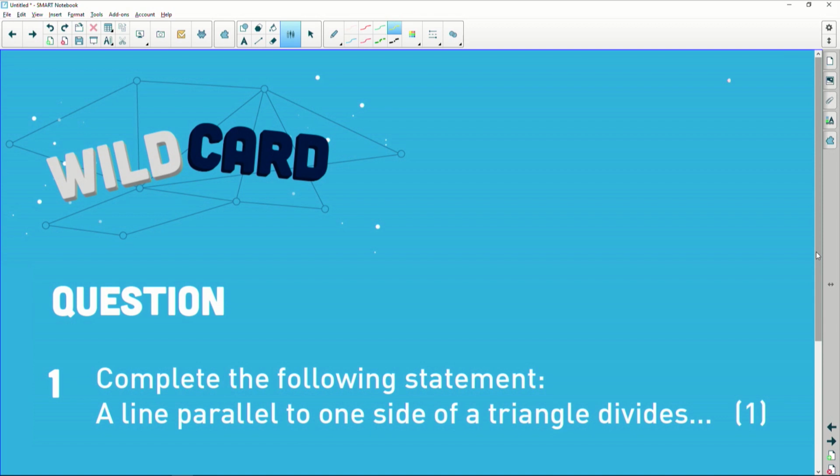This wildcard that we have is a geometry question that comes from the proportionality theorem to be exact. Let's see what it says. It says to us, there is a need to complete a particular statement that is given to us. It is a geometry statement. So grade 12s, it's very important for you to understand that in geometry, we are going to ask you in exams questions from grade 11 geometry as well as grade 12 geometry.